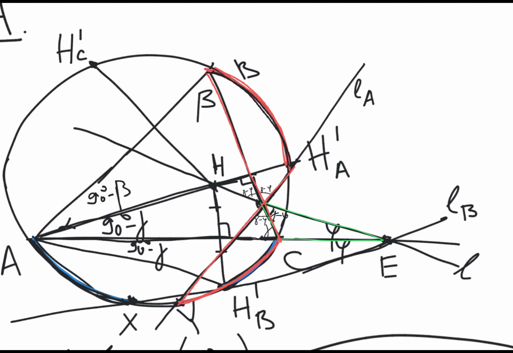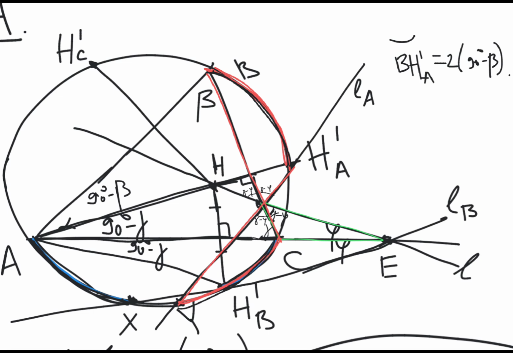Let's write this: the arc BHA prime is equal to twice 90 degrees minus beta. Now CY is unknown, or we can write it.